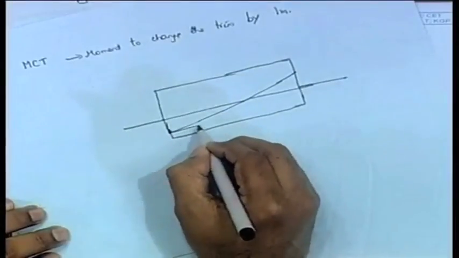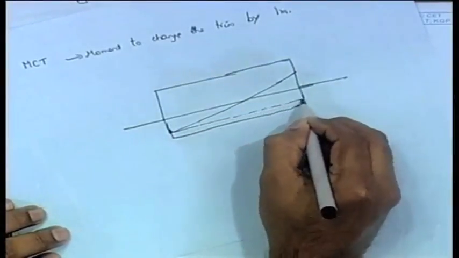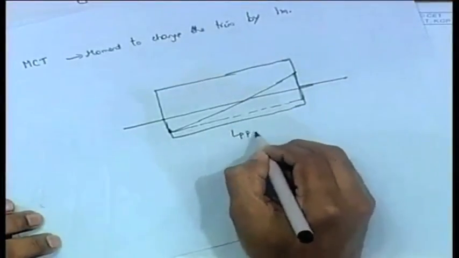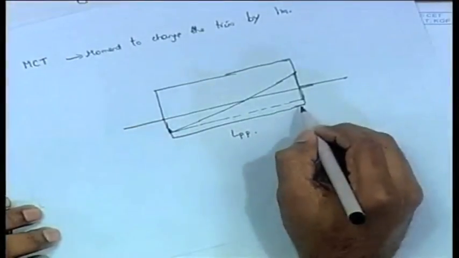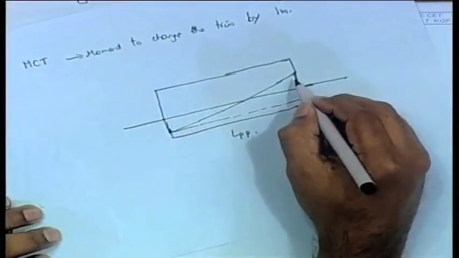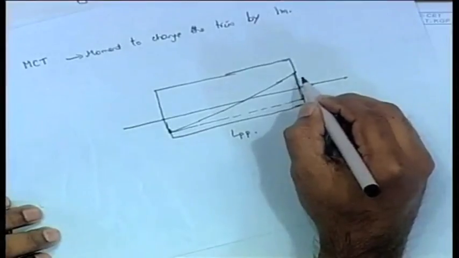The total length of the box or the ship in this case is L, let us call it LPP, the length between perpendiculars. So, this is LPP, and suppose that you have caused the ship to trim by 1 meter.